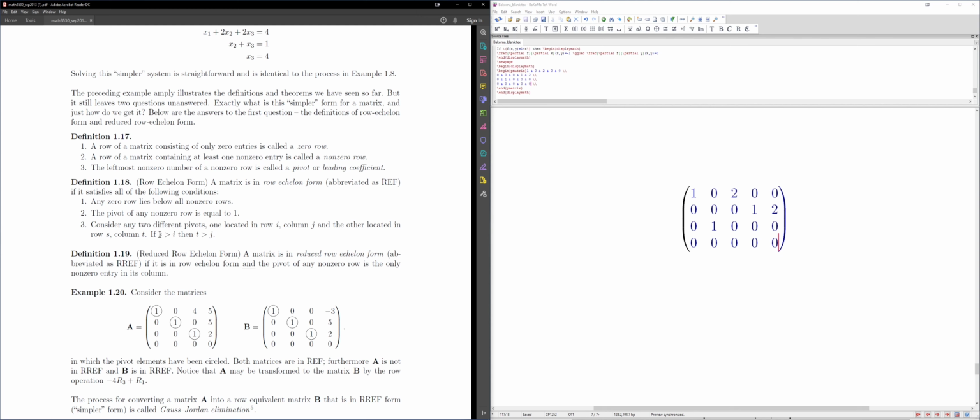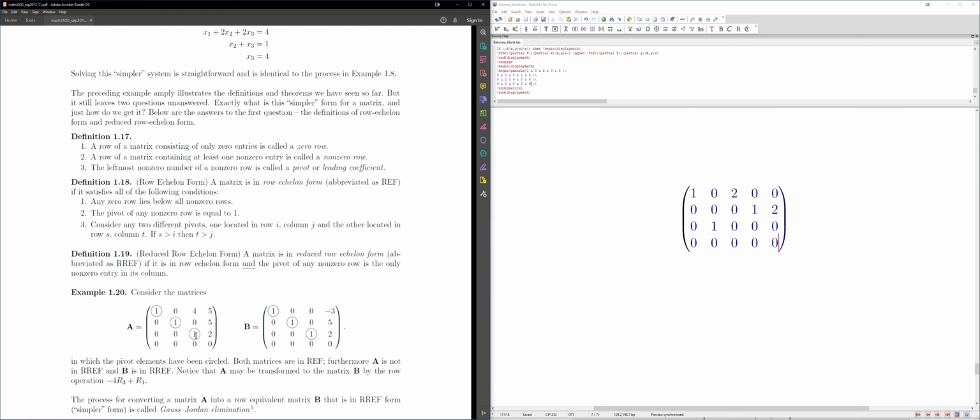So this condition means that if you have your pivots here, and S is bigger than I, in other words the pivot is below, then the column the pivot is in, column T, needs to be bigger than this column over here.